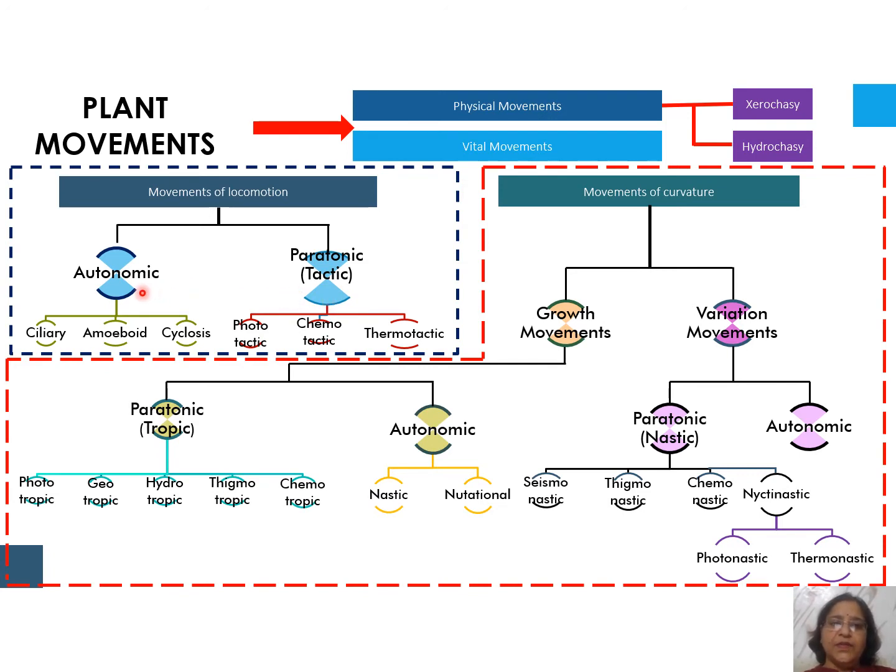Autonomic are further of three types: ciliary, amoeboid and cyclosis. Paratonic are also of three types: phototactic, chemotactic and thermotactic. All this we included in the previous lecture. In today's lecture we will focus on the movements of curvature. This whole part we will study in today's lecture.